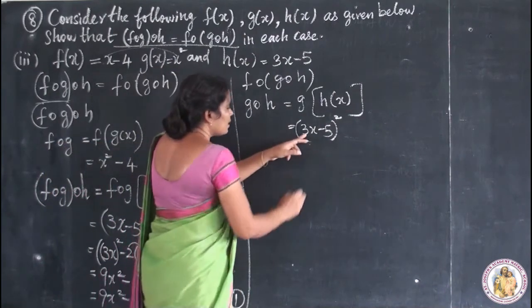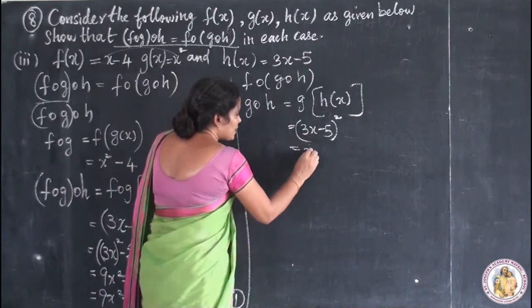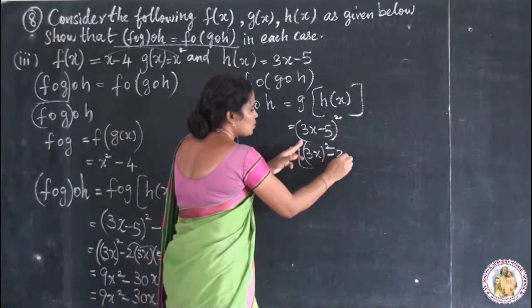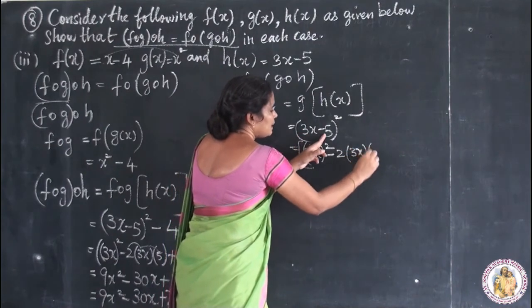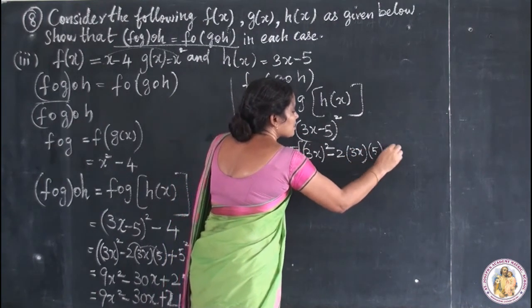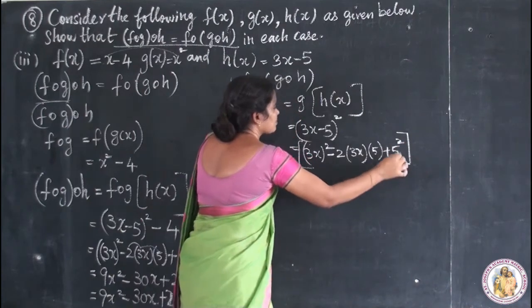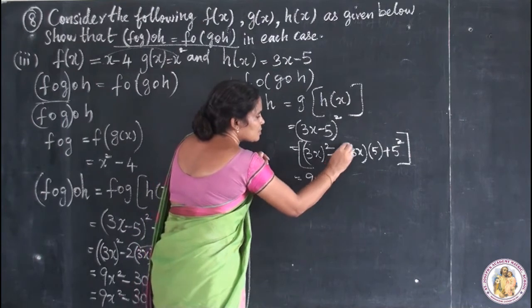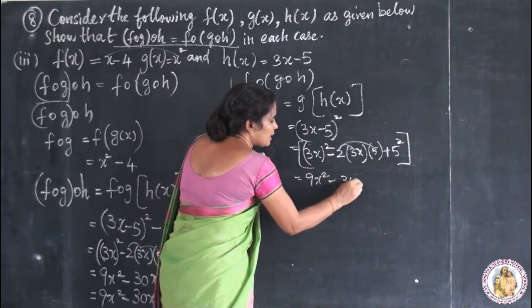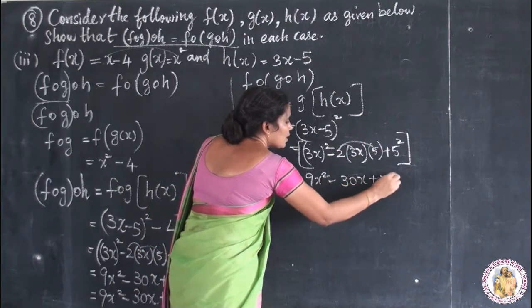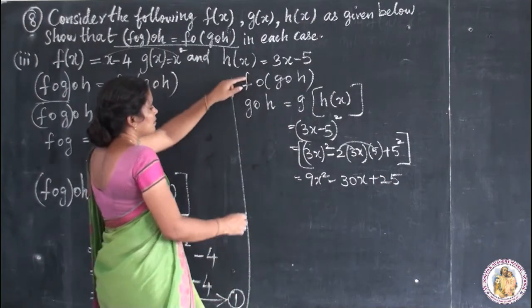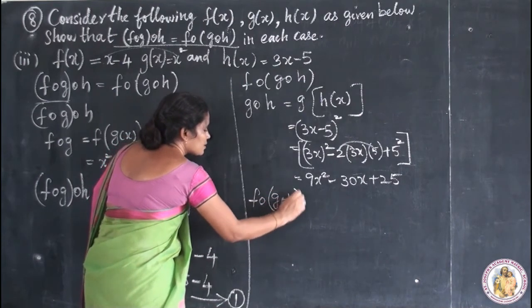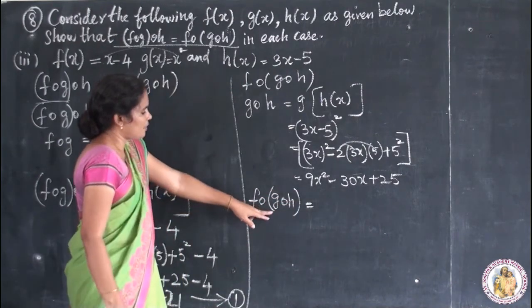Okay, so a minus b whole square, a square minus 2ab plus b square. Now 3 into 3, 9x square minus 3 2s are 6, 6 5s are 30x plus 5 5s are 25.